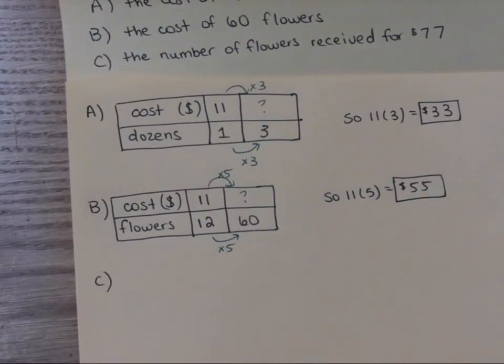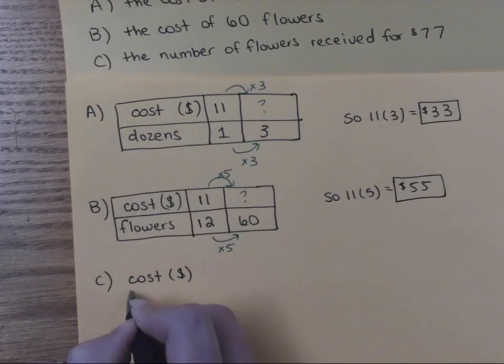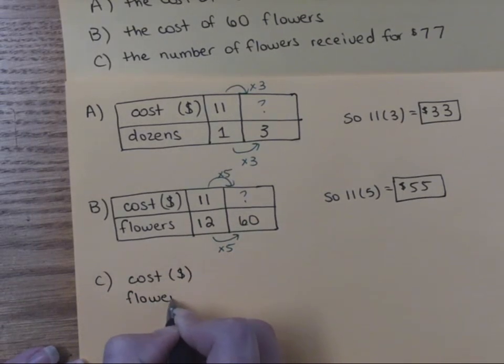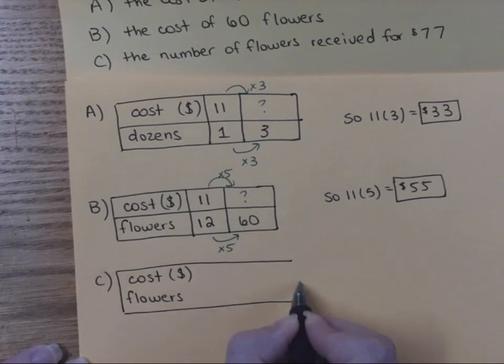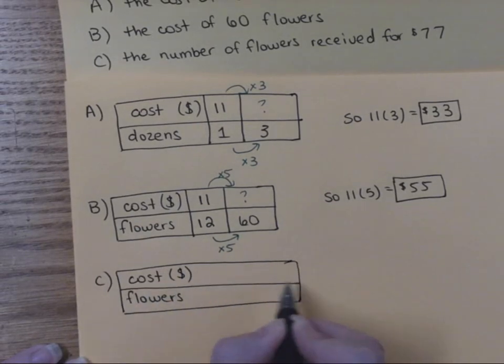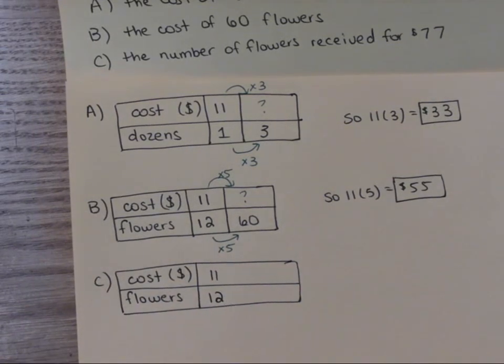Okay, so last but not least, if we have $77, and notice it asks us for the number of flowers, not the dozens. So we're going to set up our chart to be cost versus flowers. Notice my first column I can just repeat from the last one, right? I know it's going to be 11 and 12. But this time I wasn't given the number of flowers, right? That's what I'm actually trying to find.